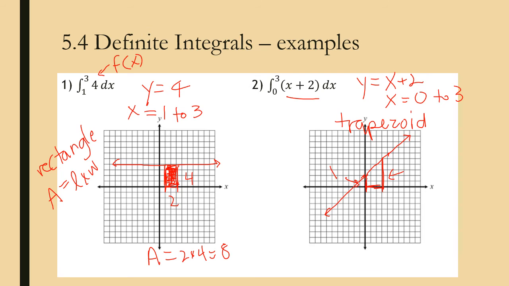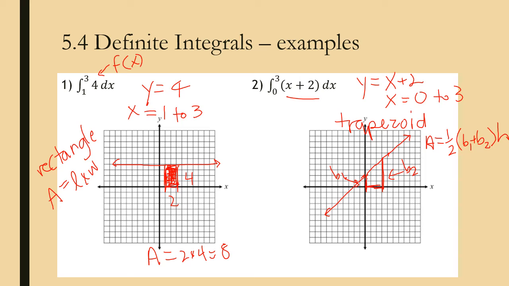But this is B1 and this is B2, because the formula for the area of a trapezoid is 1/2 B1 plus B2 times the height. So it's kind of finding a rectangle and two triangles, in this case just a rectangle and a triangle, but it still works out the same.